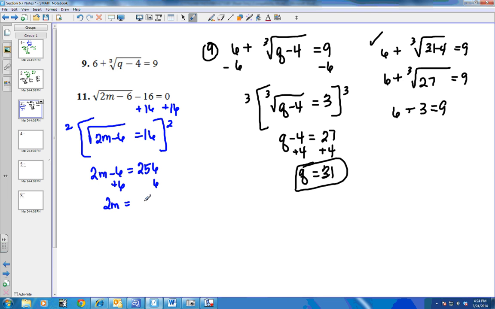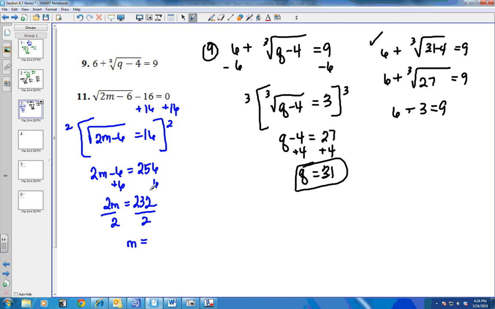2m equals, what is that? 232. Divide by 2. So m equals 232 divided by 2, 116. Oh, did I do something wrong? 16 squared is 256. Add 6.